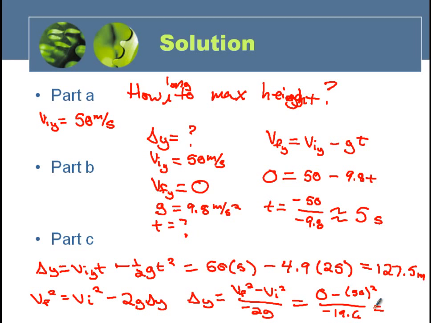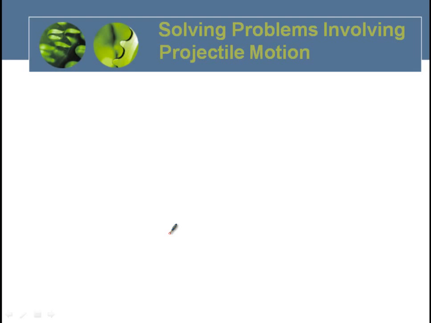Why am I getting different answers? Oh, 2,500. Duh. 50 squared is not 250. All right, you get the same answer. So you can do it either way once you find the time. Or if I didn't ask you for the time and just asked you for the maximum height, you could use this equation. So you can find all this stuff out pretty easily if you know how to use your equations.